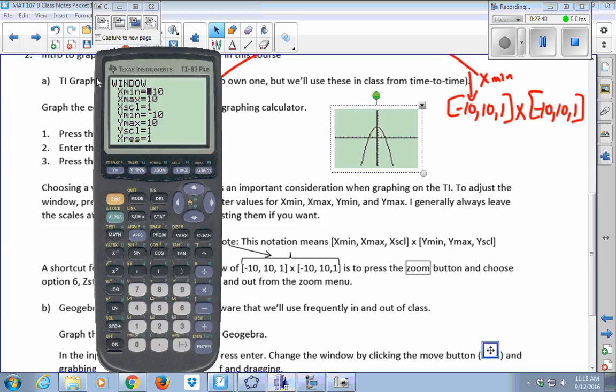So that tells you that if you look to the far left on your graph, that value is negative 10. Okay. Then it says x maximum. So the next number that you see right here is the x maximum value, which means to the far right on your graph, that's the maximum value for x.